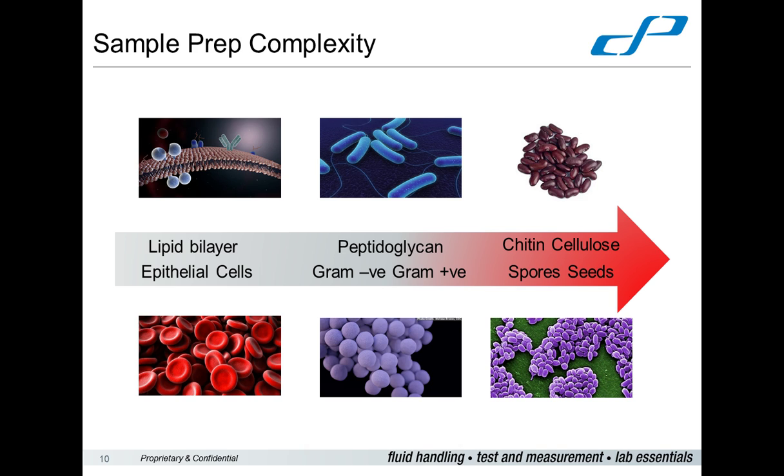As we move along the complexity scale, you can encounter the bacterial cell wall, the main component of which, the most important component of which, is peptidoglycan. So peptidoglycan, for those who don't know, is a polymer of amino acids and sugar. It makes up the cell walls of bacteria.